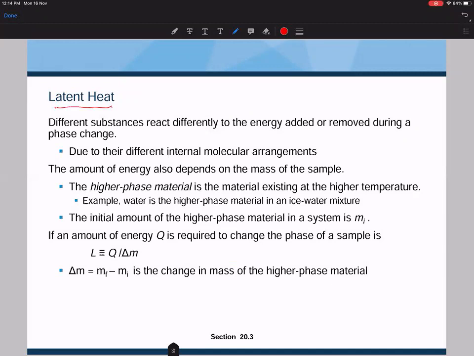The amount of heat energy required for each unit mass of the system would be referred to as the latent heat of the system.